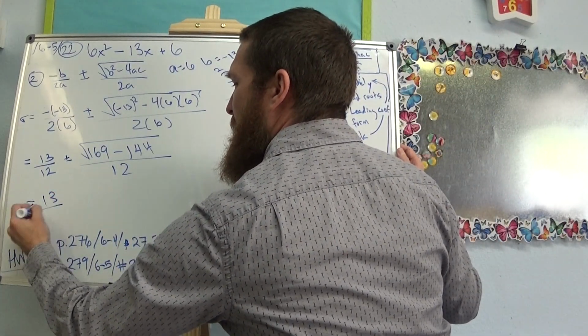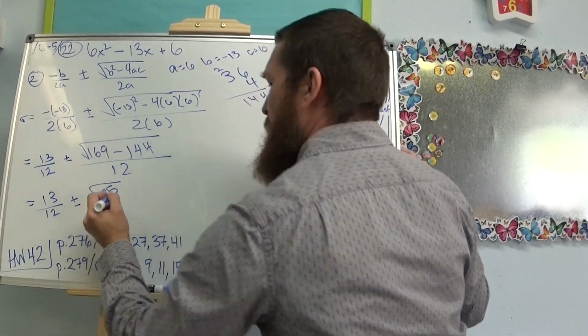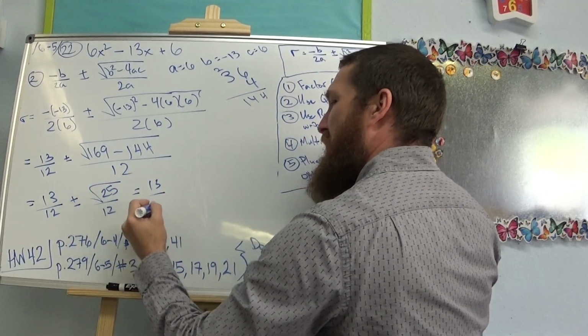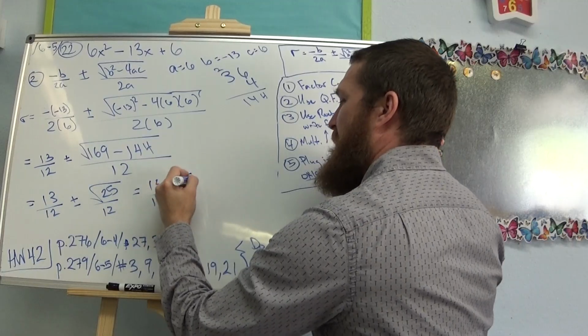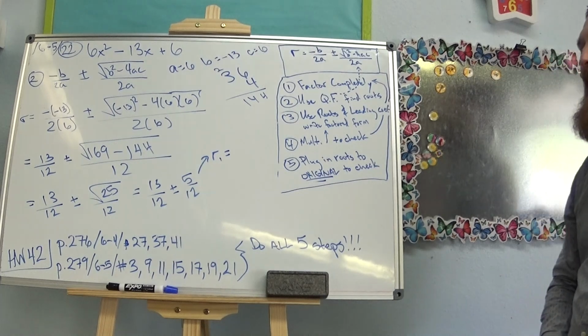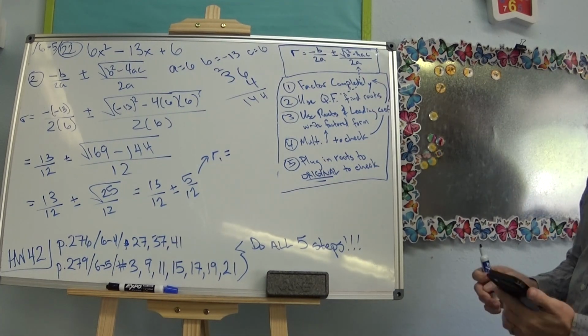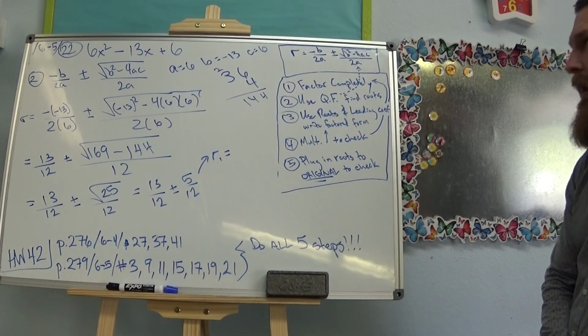So we have 13 twelfths plus or minus root 25 twelfths, which is 5. There you go, plus or minus 5 twelfths. So that gives me root 1 when I add them. That would be 18 twelfths. Is that right? Yeah, 5 and 13, 5 and 3 is 8.